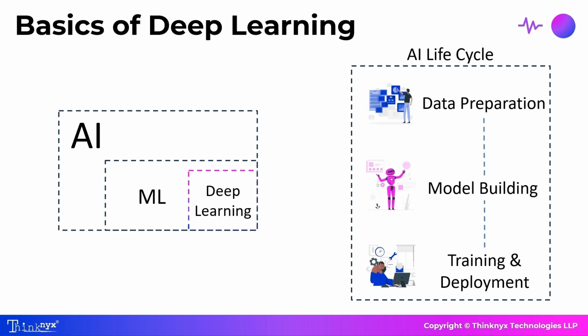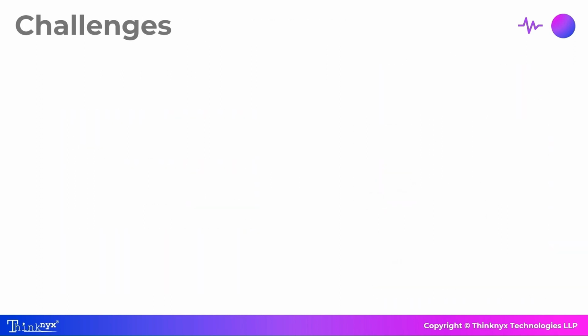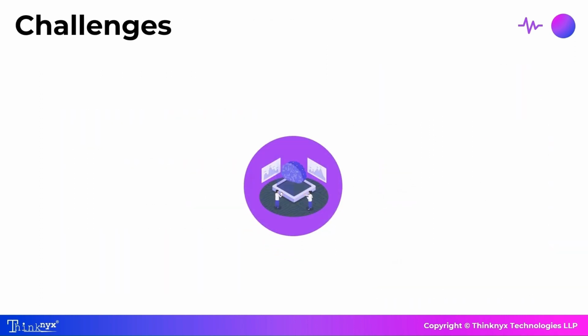Now, the biggest question is, what sets deep learning apart from machine learning? The answer lies in the history of the reasons contributing to the origination of deep learning, or popularly termed as DL. DL came into existence as a solution to address the challenges associated with conventional machine learning techniques.